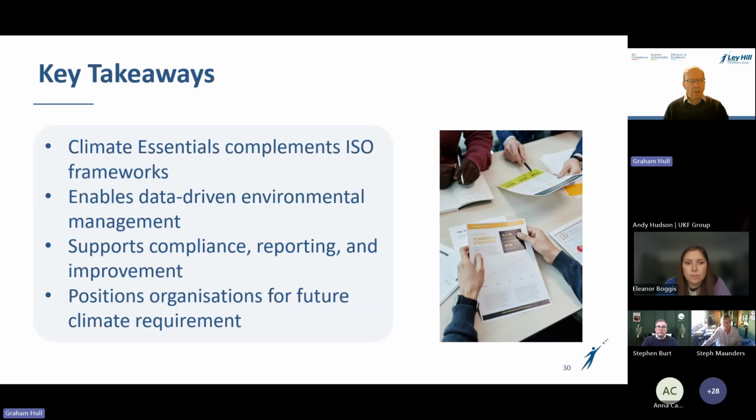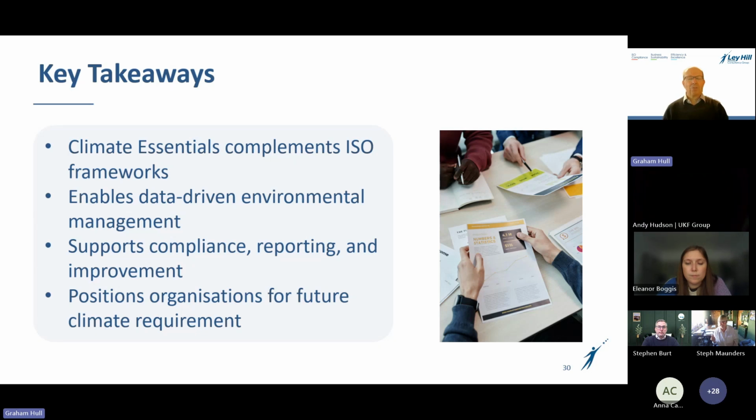We can see how the Climate Essentials system can really complement the ISO different frameworks, but it really gives that data-driven environmental background to what you're trying to do. Obviously supports the compliance, the reporting side, but more importantly, I think Steve touched on it as well, it's about continuous improvement.